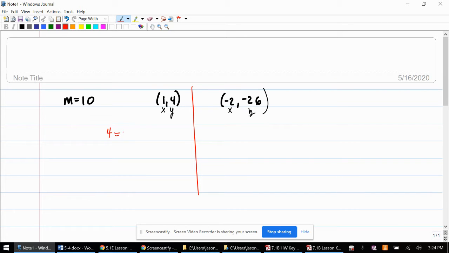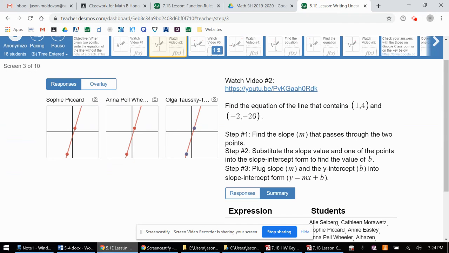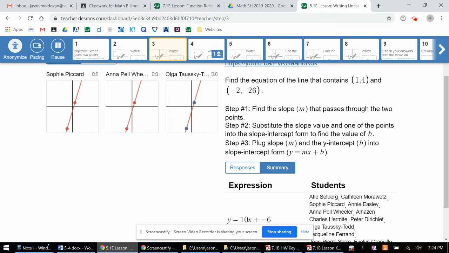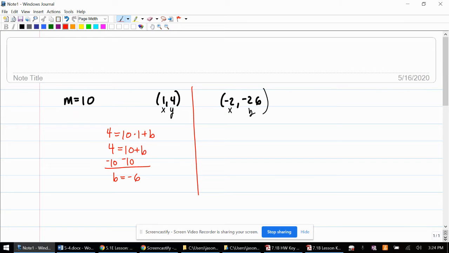So 4 equals 10 times 1 plus b. It's y equals mx plus b. 4 equals 10 plus b. Subtract 10, b equals -6. Let's see what most people got. They got -6. Now let's try it the other way.